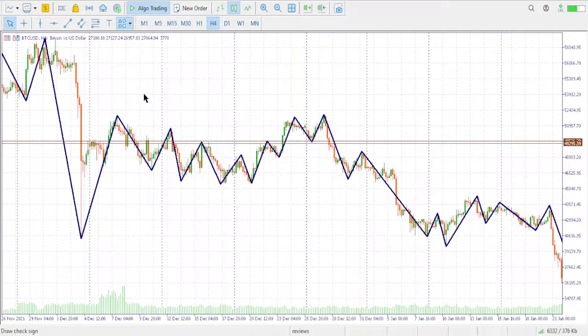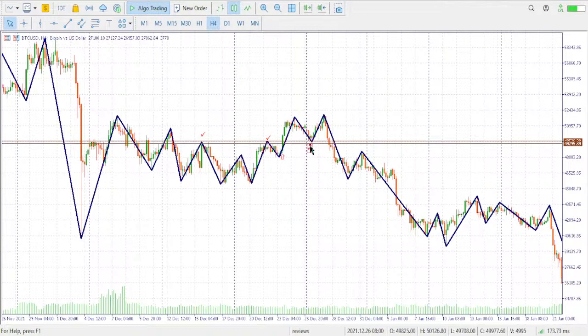We have a resistance there, and we have another resistance here. Then there is a breakout. That's the breakout candle, and then the price has continued up. It has gone down. It has touched that level. So this right here was a good place to look for a buy from.